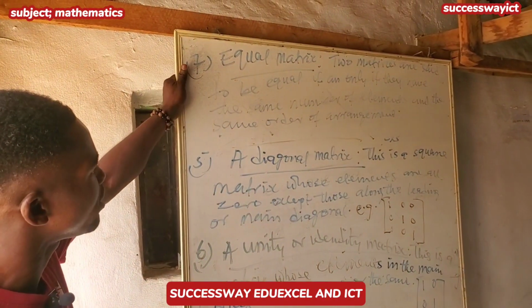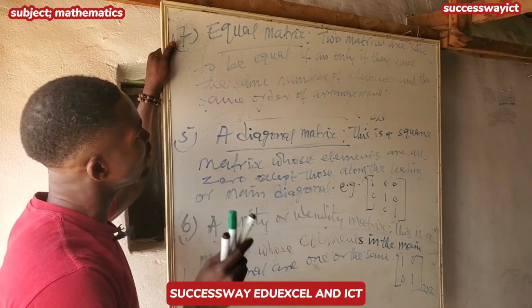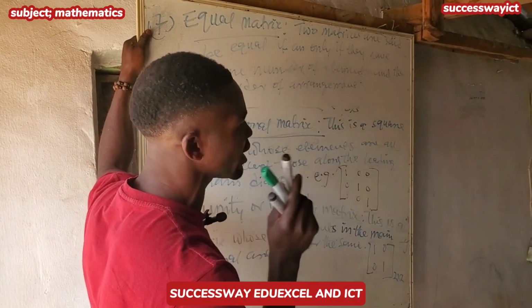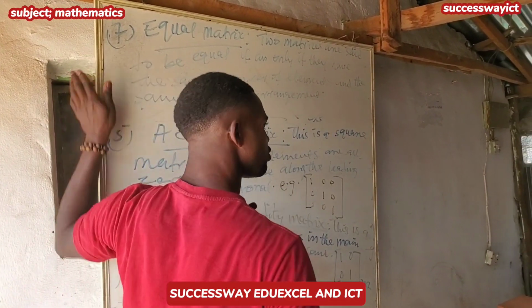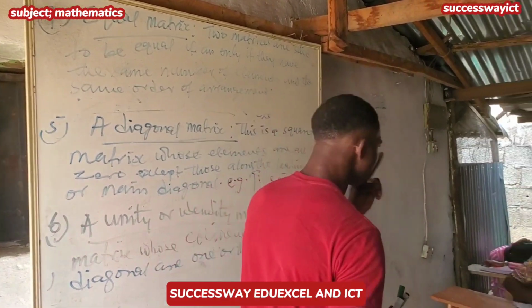Two matrices are said to be equal if and only if they have the same number of elements and the same order of arrangement. Such matrices are said to be equal.